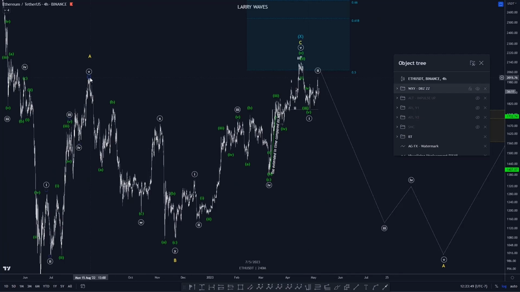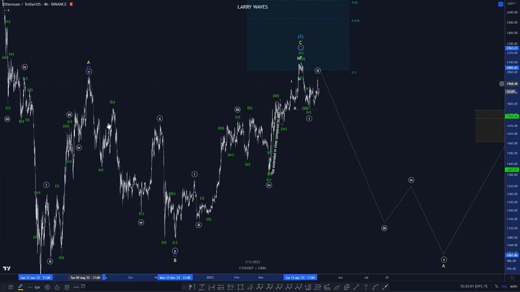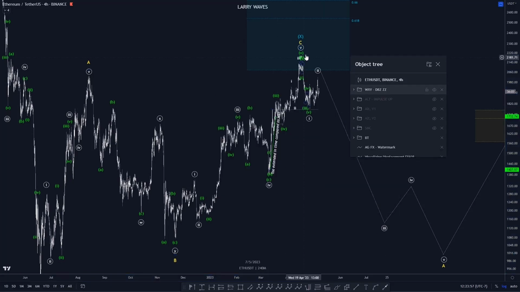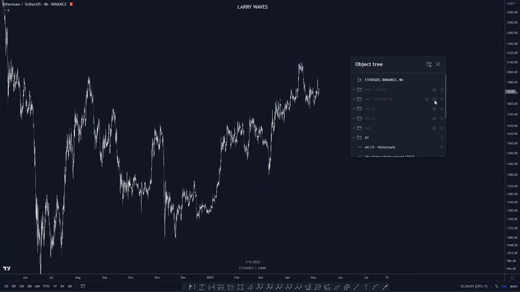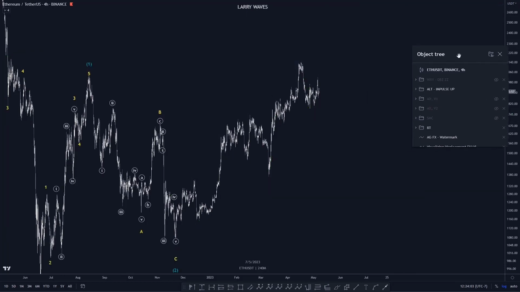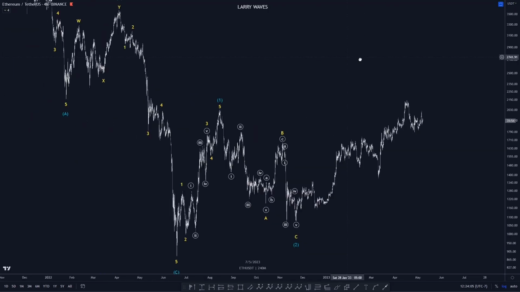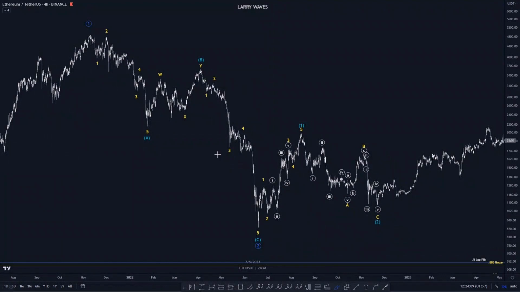It's done its job. It took in this high. It has valid structure for 5, 3, 5. So it's done what it needed to. If it breaks the high right here, we will have to force something, but we do have a bullish count. And like we've said, this does look like a very nice three-wave move right here.